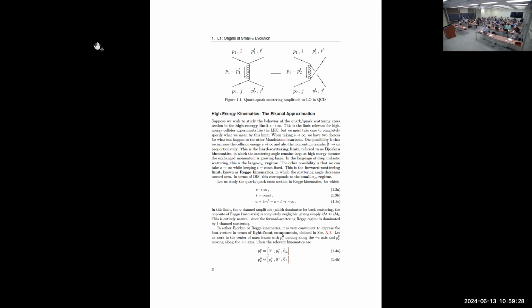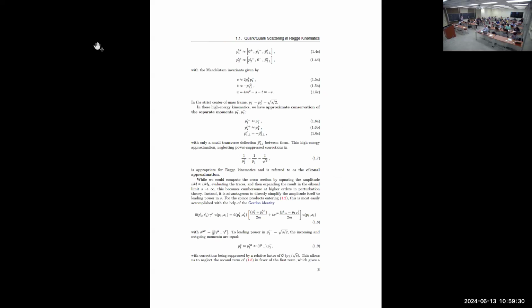If I take just the leading power, then I'm just taking this part. That's something that only has a component in the minus direction. And the component in the minus direction it has is the large component P1 minus. And then the error in this approximation is 1 plus order P perp or m over P1 minus, which is just square root of s.